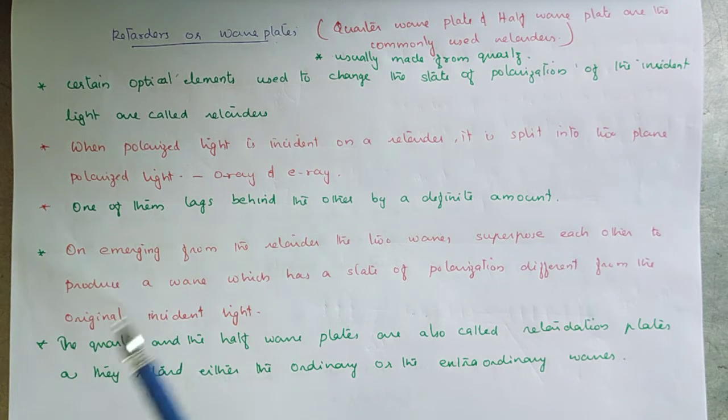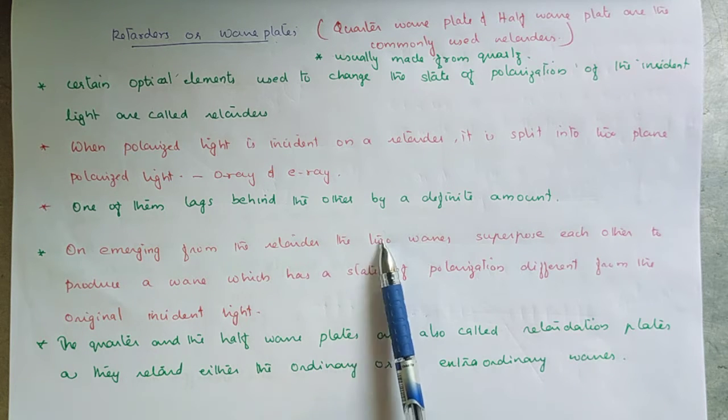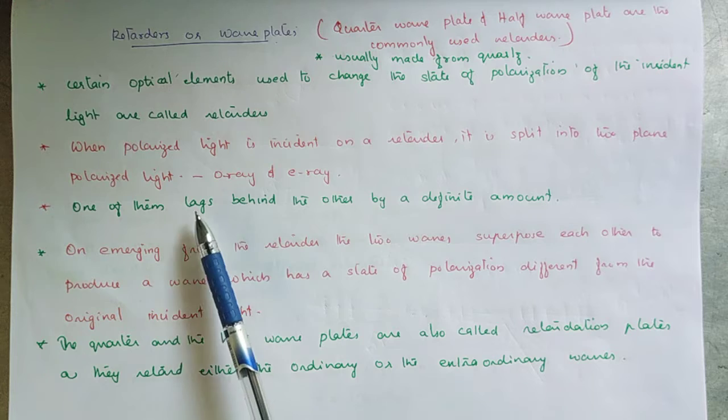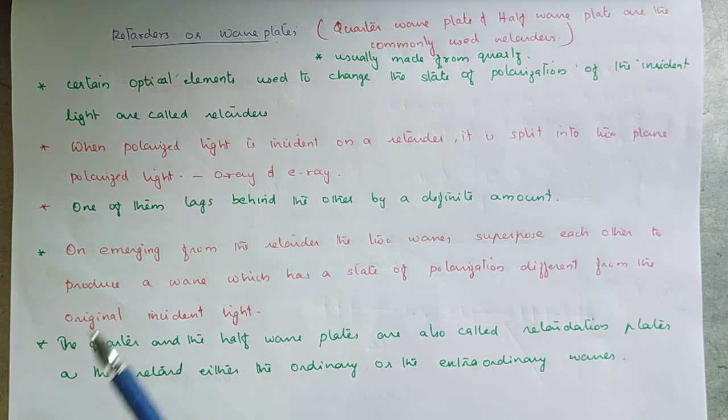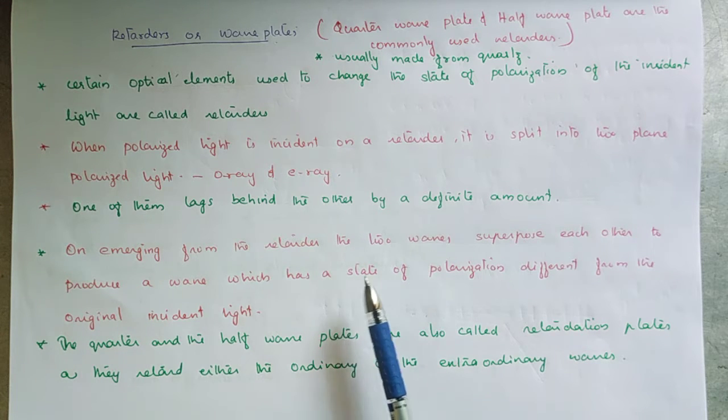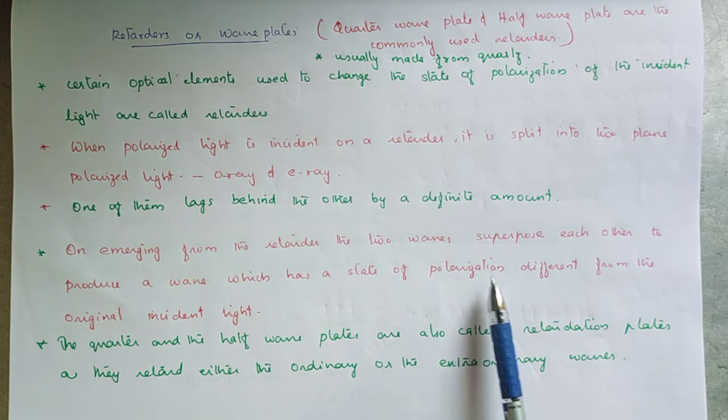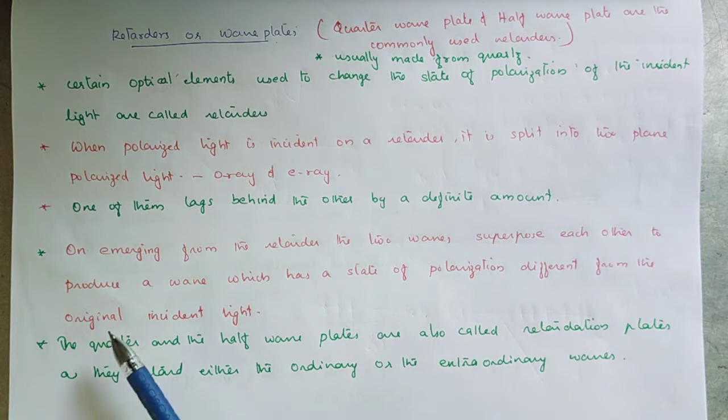And on emerging from the retarders, what happens? These two waves, one ray lagging behind the other, superimpose on each other to produce a wave which has a state of polarization that is entirely different from the incident light.